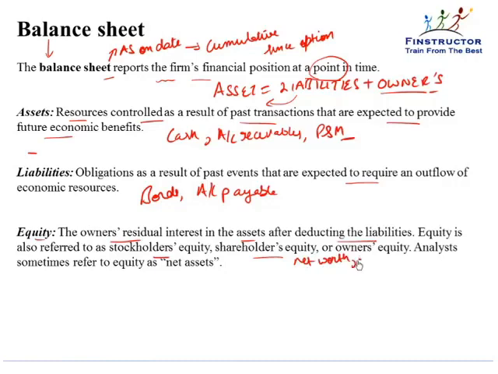So net worth, book value of equity, or simply book value all refer to owner's equity. Analysts also refer to the equity as net assets, that is assets minus liabilities. Or this is the amount that the firm directly owes to its shareholders, or it represents the shareholders' investment in the business.